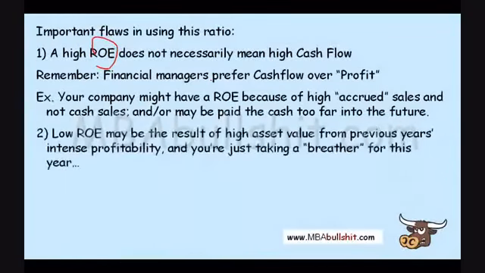Secondly, conversely, a low ROE may be the result of high asset value from previous years' intense profitability, and maybe you're just taking a breather for this year or last year. Remember, in computing the ROE, you use the most recent year's earnings. So maybe you were just taking a breather last year, but then your company continues to grow fast with big profits.